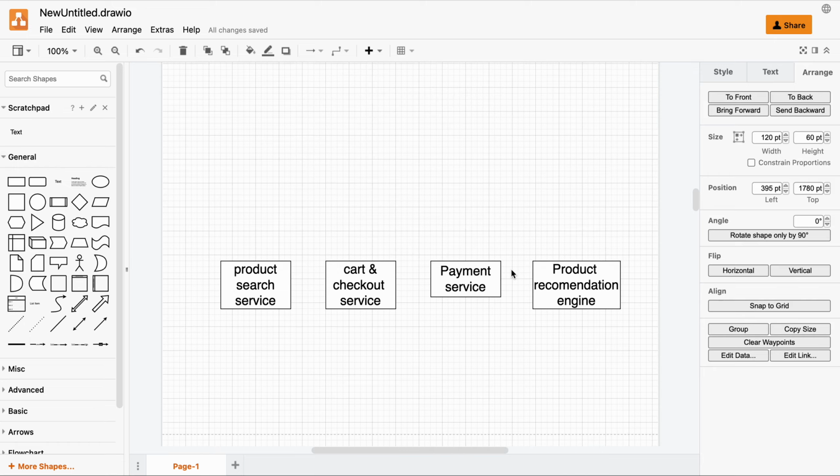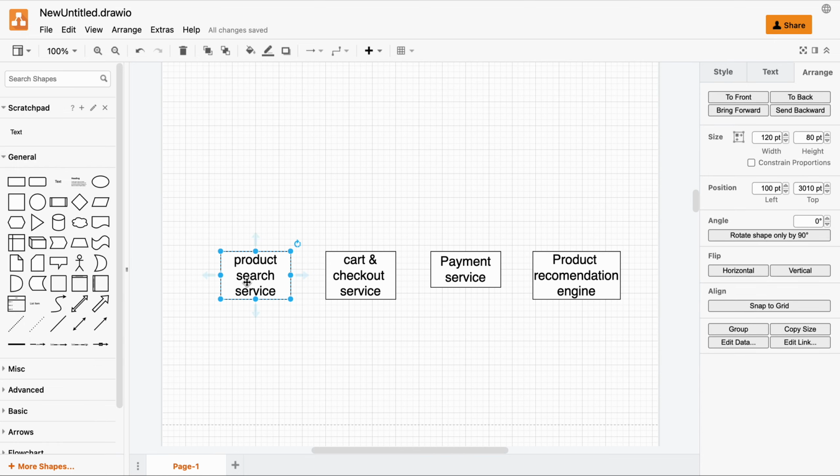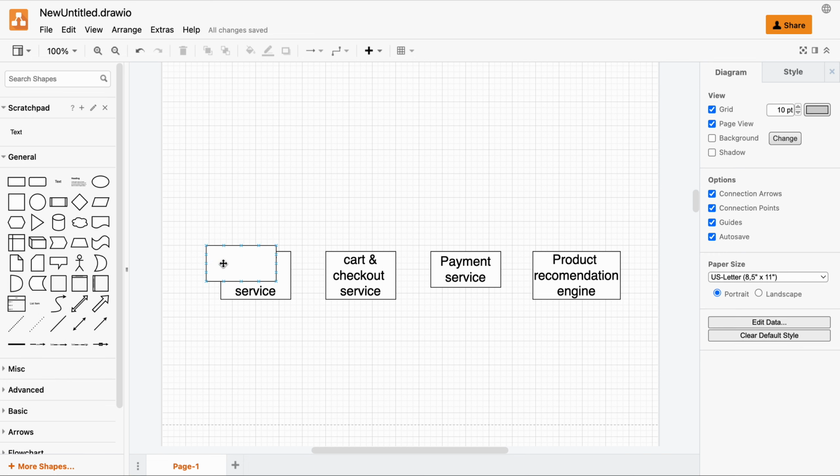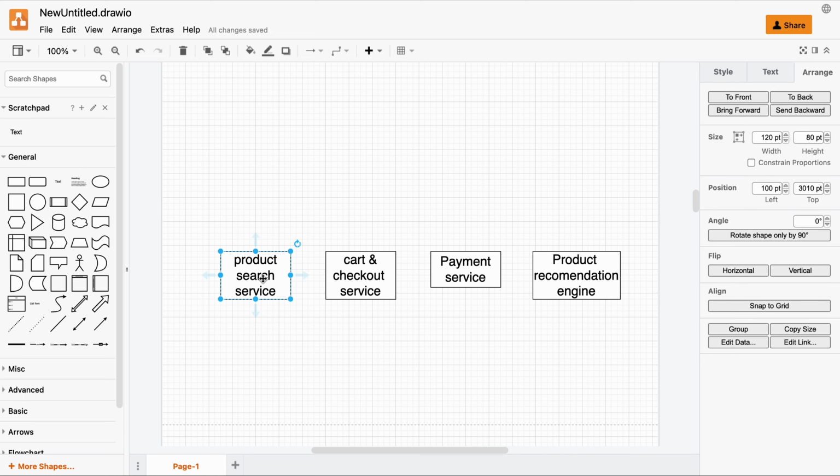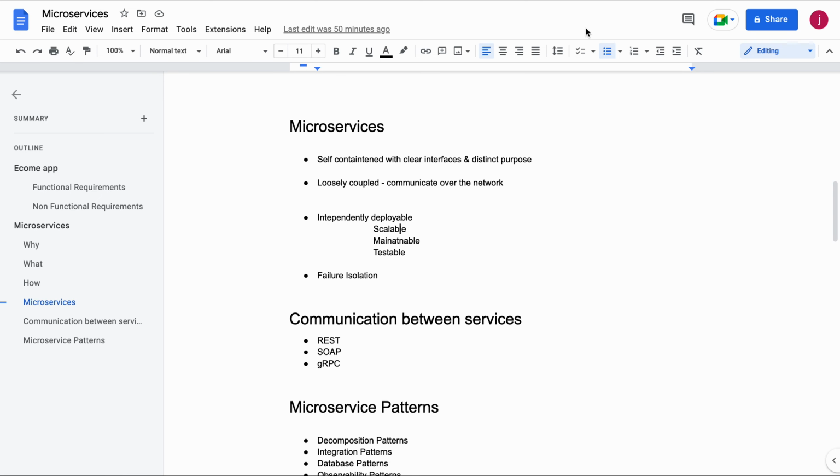Now that we have broken up the search part, we could scale the search part separately, independent of the payment service or other parts. So this is one more advantage that we gain.